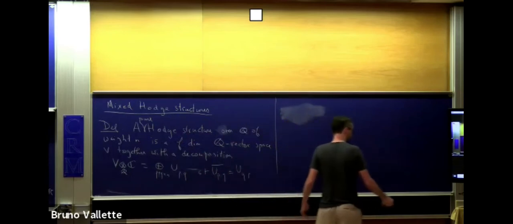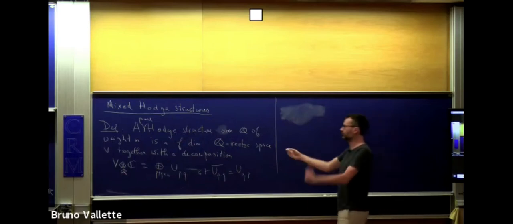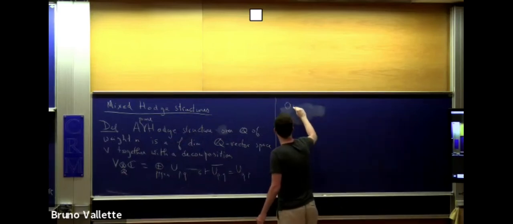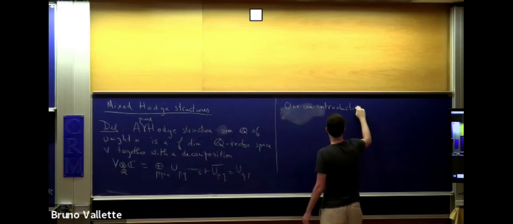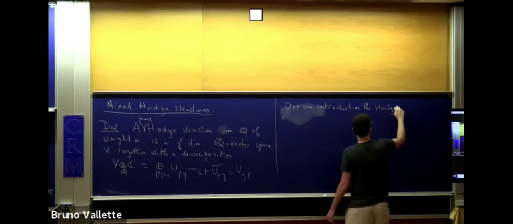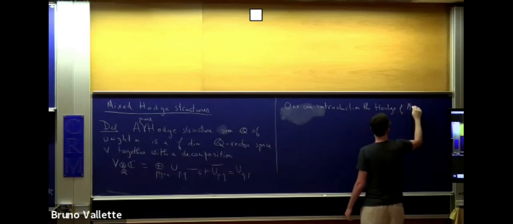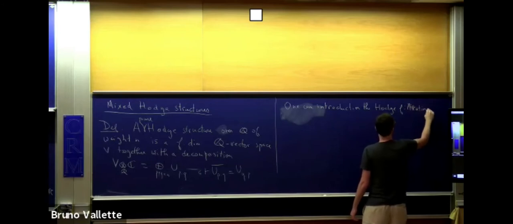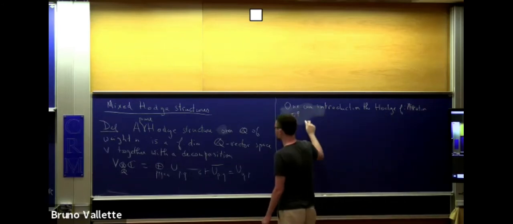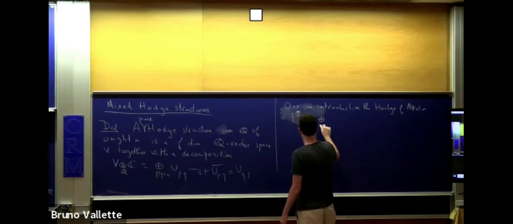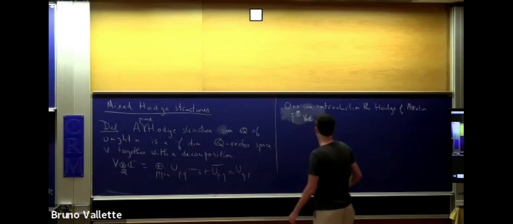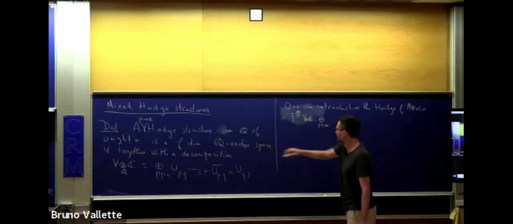We can alternatively encode pure Hodge structures by introducing the so-called Hodge filtration, defined by F^m of V tensor C, which is the direct sum for p greater than or equal to m of these U^{p,q}.